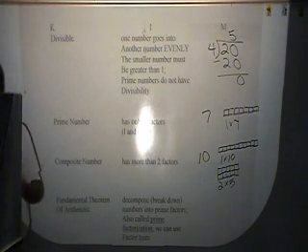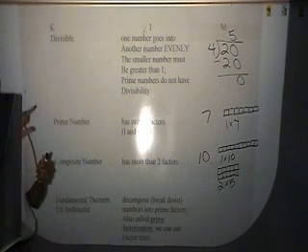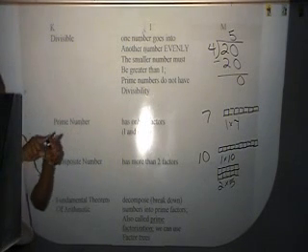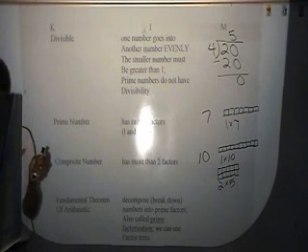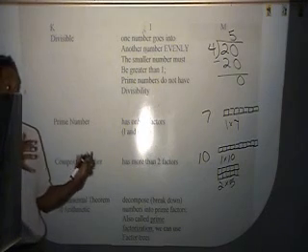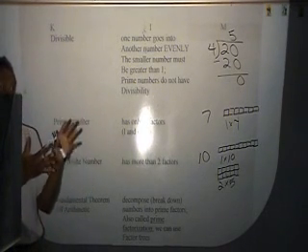Okay? Now, for the number 9 and for the number 16, for 9 we can do 3 groups of 3 and that'll make a perfect square. 16 will be 4 groups of 4 and that'll make a perfect square. So those numbers are actually called perfect squares. 9, 16, 25.